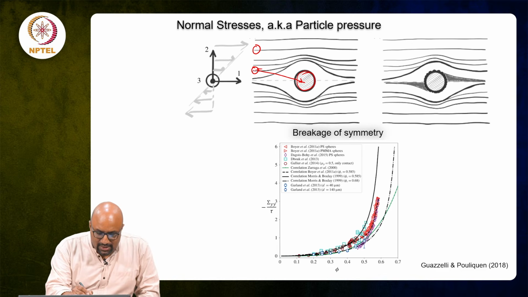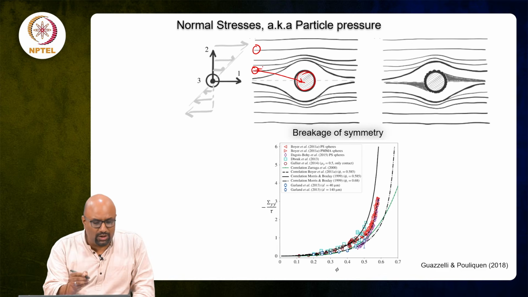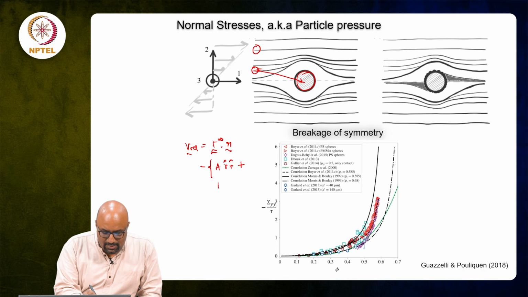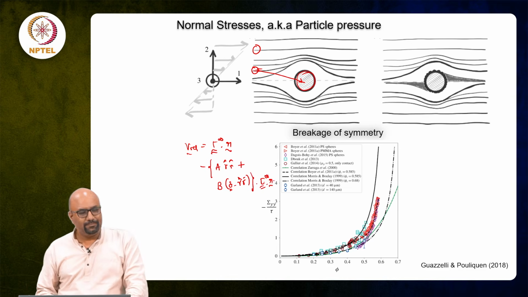So, what you see here, if you remember, we wrote down the relative velocity expression once again, gamma infinity dot r minus a of r hat plus b of delta minus r hat dotted with E infinity dot r.